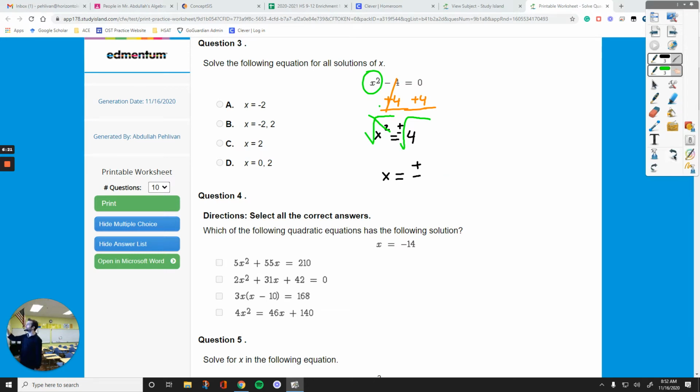Square root of 4 equals 2. So our answer is going to be positive 2, negative 2. We are not separating it to solve two different equations because x is already by itself. So our answer would be this right there. Okay, which of the following quadratic equations has the following solution?